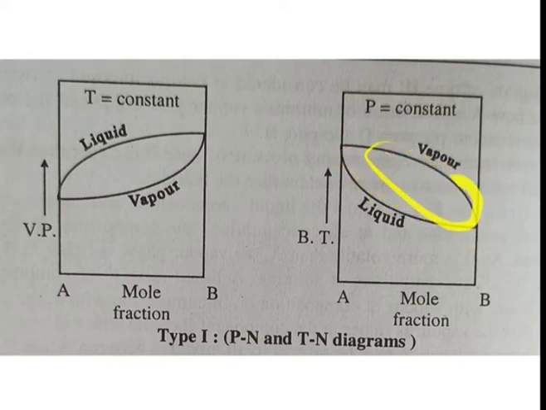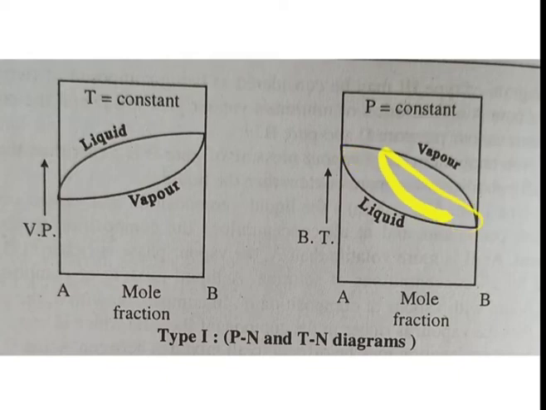In this circular portion there is only a vapor plus liquid mixture, and outside this, here pure vapor is there and here liquid is there when the pressure is constant, and in the first diagram temperature is constant. So, only one variable is changing, the other variables are constant.